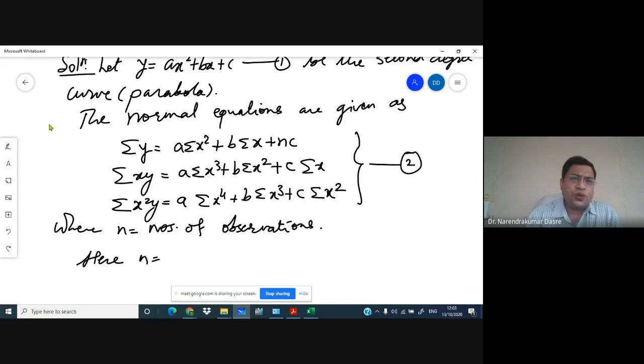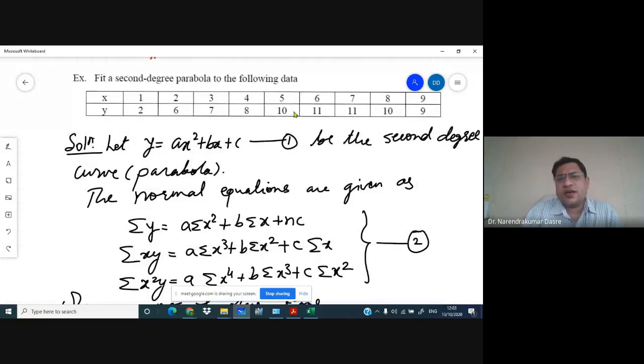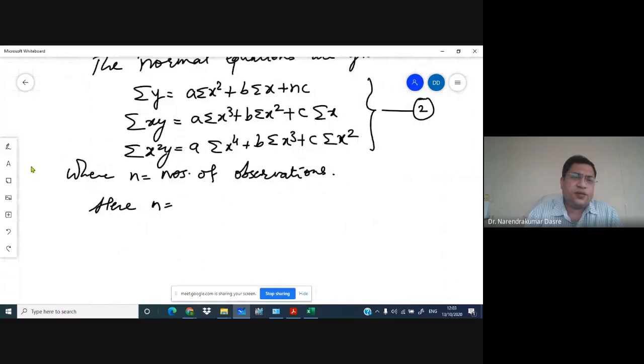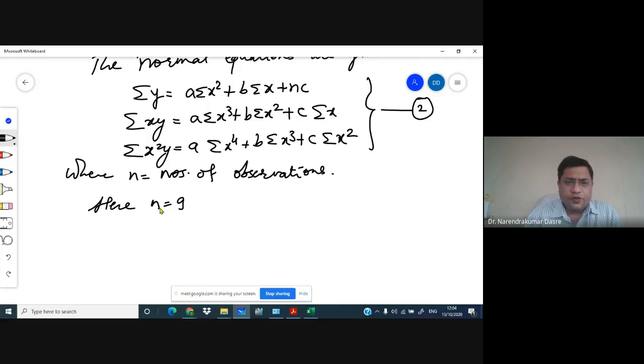See how many observations are given to you. So it's going to be 9. So here the value of n is going to be 9. Once we get this value, n is equal to 9, we have to consider the table to find out these sums.